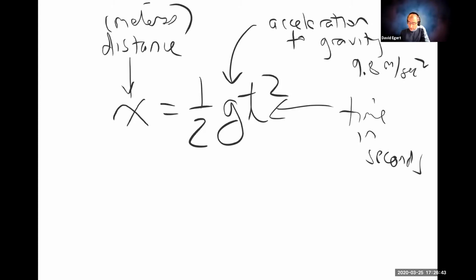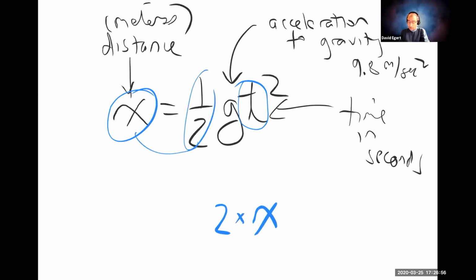So it's just a really simple math thing. Basically, I want the time, and I have the distance that it fell. I multiply it times 2, because I have to move the 1/2 over. I have to divide by g, putting that on the bottom. Since I know g is 9.8, I'm just going to write 9.8.